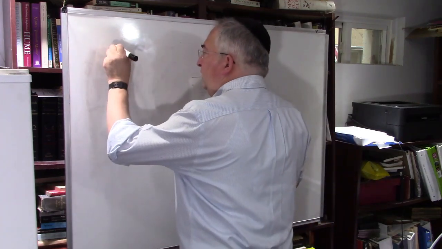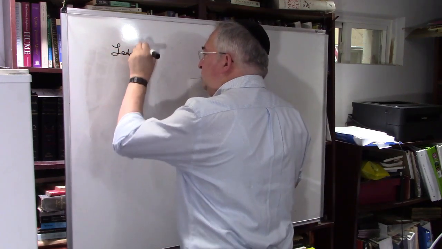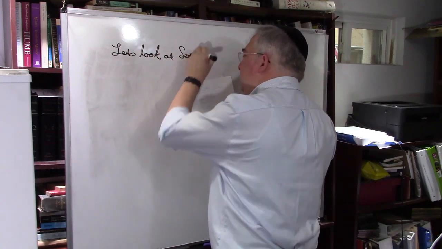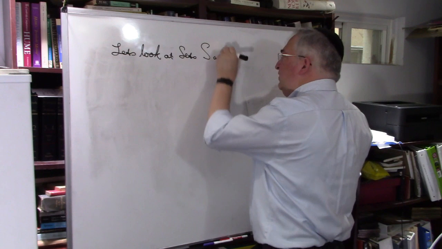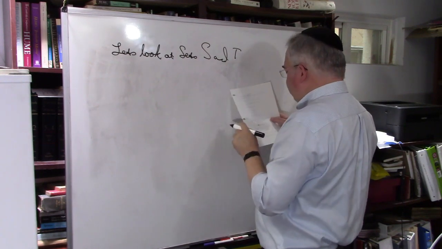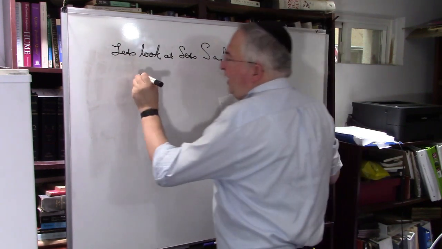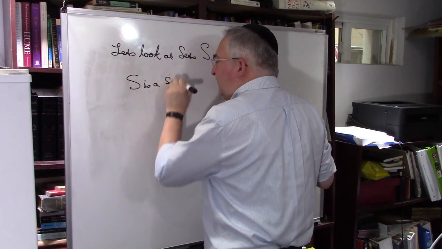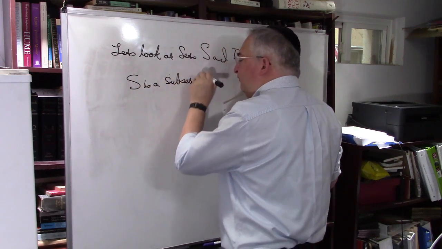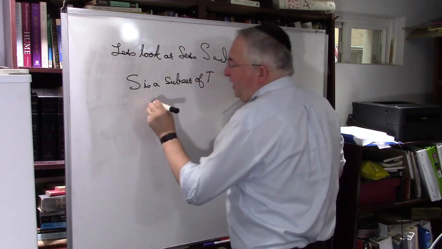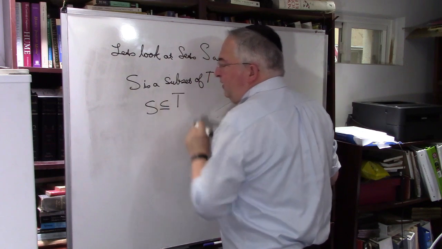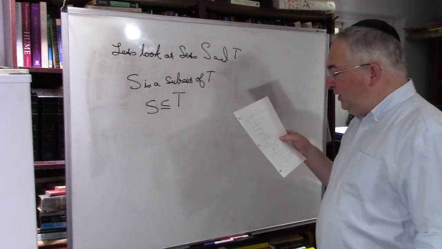Okay, let's look at sets S and T. You have two different sets, okay, and you write S is a subset of T, okay, and you denote it like this: S subset T. That's the way you write it, okay.